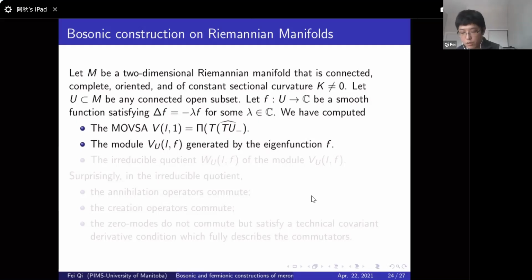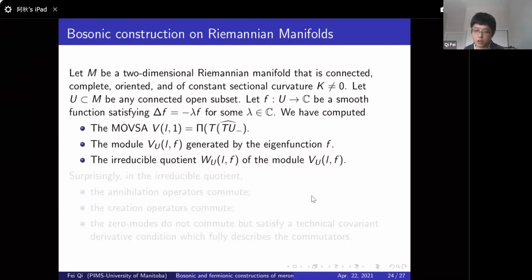Moreover, one interesting feature is that this module admits a unique maximal submodule. This makes it possible for us to determine the unique irreducible quotient of the module generated by the eigenfunction.